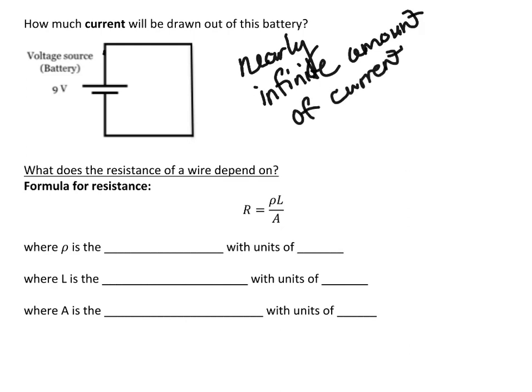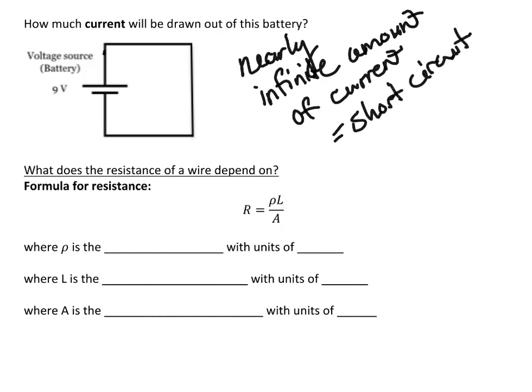So if you have a battery pushing on the current, trying to make current flow and nothing slowing it down, no resistors anywhere, then you're going to push infinite current. In reality, the wire itself has a little bit of resistance, right? So it won't be quite infinite, but it'll be a lot of current. And that's a short circuit.